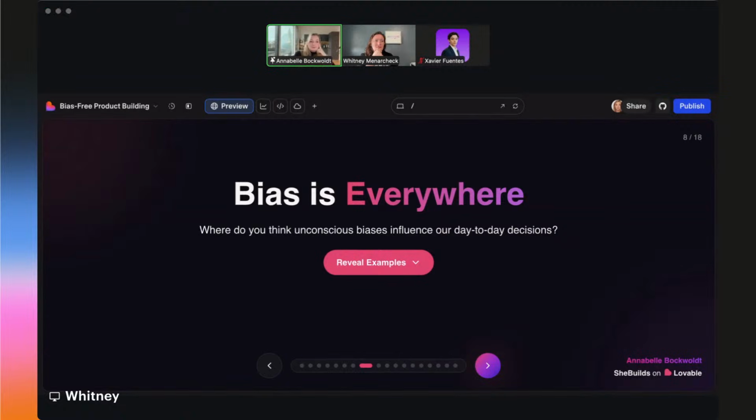And if you have no idea, I will just give you one hint. For example, medication is one very prominent example: medication works differently on women than on men, just as one example.